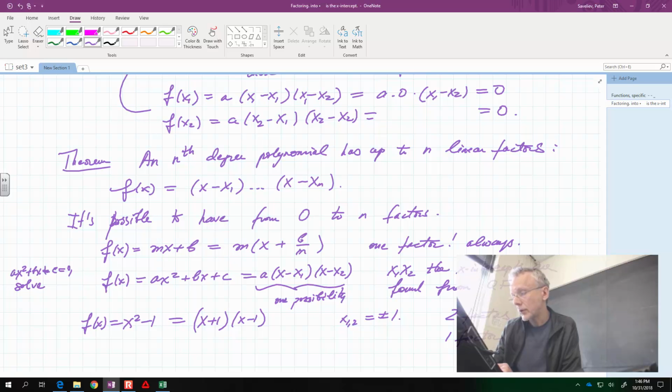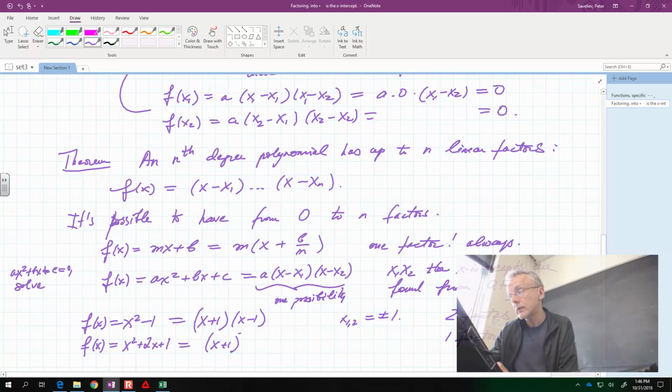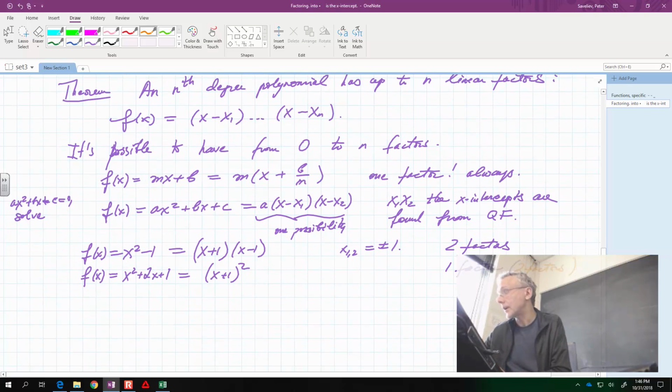So I put it first in the standard form, x squared plus 2x plus 1. And then you're supposed to recognize it as a perfect square. Technically, I want to be careful here for the future: it is 2 factors, one factor appearing twice. So 1 x-intercept, but 2 factors.